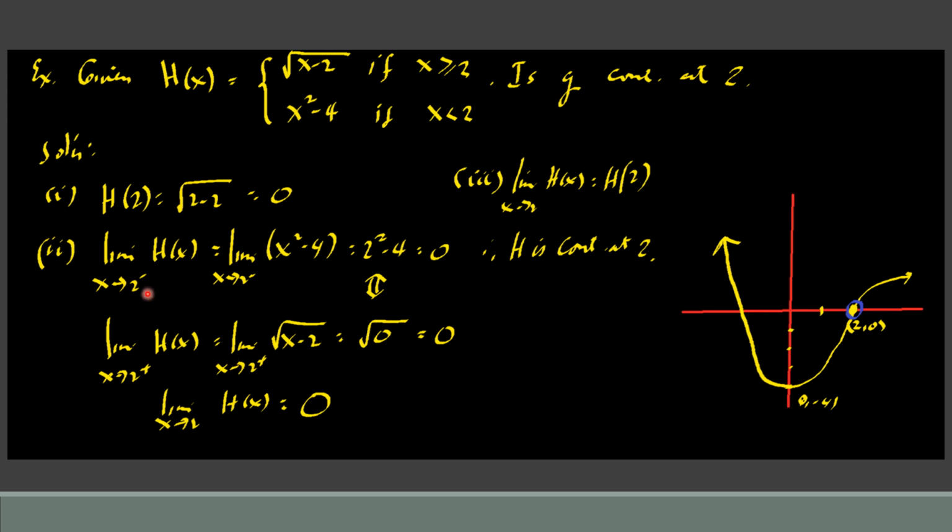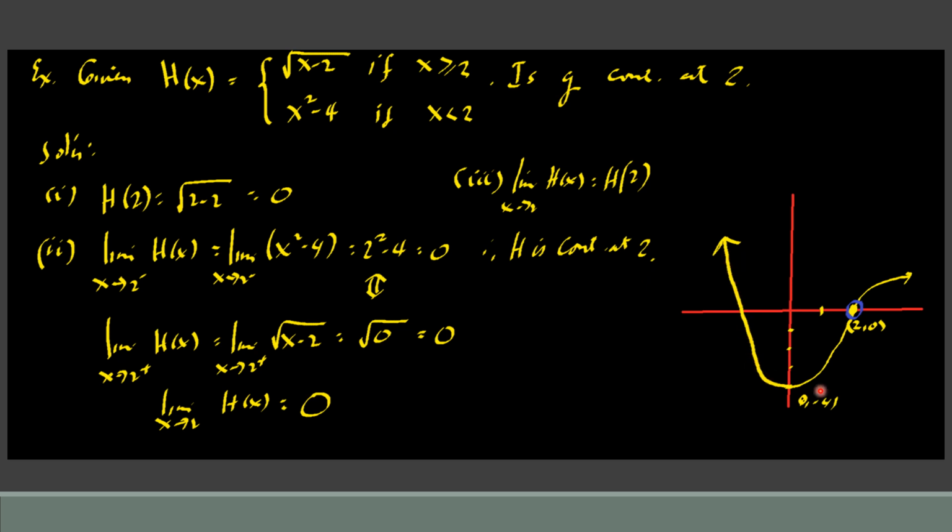So, the left-hand limit and the right-hand limit as x approaches 2 are both equal to 0. So we say that the two-sided limit of h of x as x approaches 2 exists and is equal to 0. So we just check if the function value and the limit are equal, and obviously they are. So we say that h is continuous at x equal to 2.